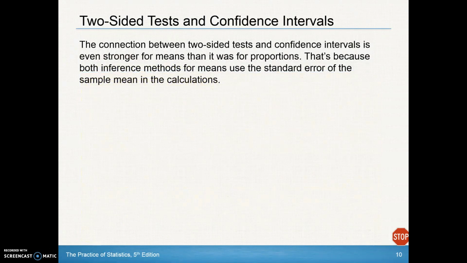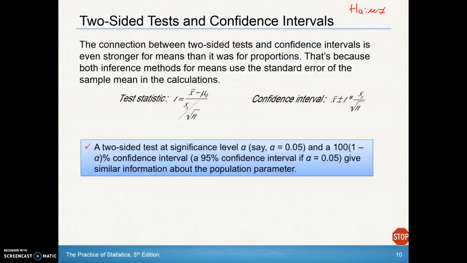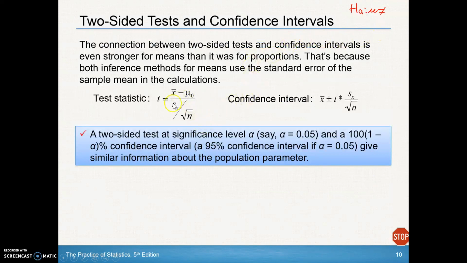So for a two-sided test, if our alternative hypothesis had some form of unequal, we're looking at whether there is a difference. The connection between two-sided tests and confidence intervals is even stronger for means than it was for proportions. That's because both inference methods for means use the standard error. They both have the same standard error in their formula.